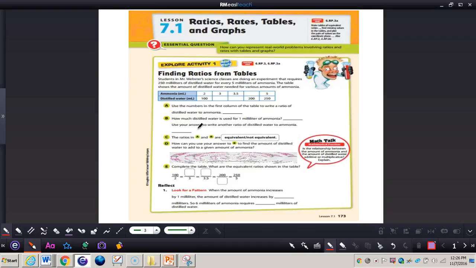So we can see, first of all, we know that there's 250 milliliters for every 5 milliliters. Okay, so we can see what's going on. So for every 5 milliliters of ammonia, it's multiplied by 50 for distilled water.